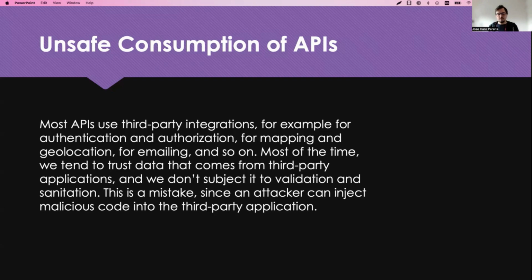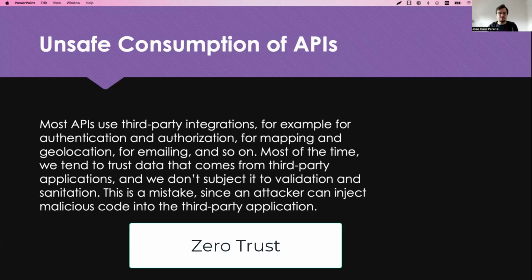So what we want to do here is have a zero trust approach to data regardless of the origin. So zero trust approach, obviously, to user input, that's very well known, but also to data coming from third-party integrations and even from our own system. If a user is sending SQL injection code through the API to our system, and that code is parameterized and then safely stored in the database, it doesn't run because it's parameterized; it is treated as a string, and we put it in the database.